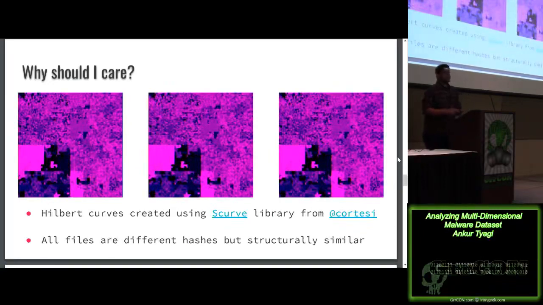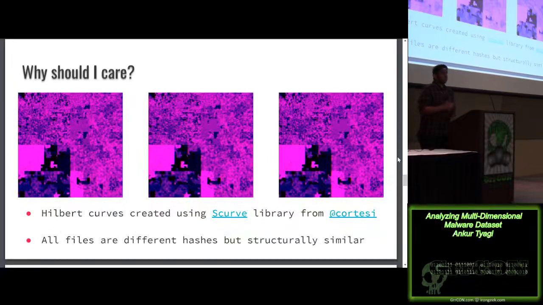Here is an example. All these images are generated from 3 different files. These are unknowns as of now, so we don't know what the samples are. They are known bad, but let's consider that these are unknowns for us. Looking at the Hilbert curve representation, we can say that structurally these files are very similar, which means they might come from the same source, or have the same binary layout, or have the same content within them.